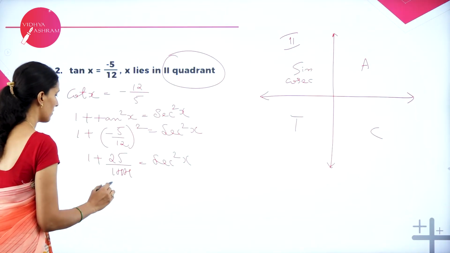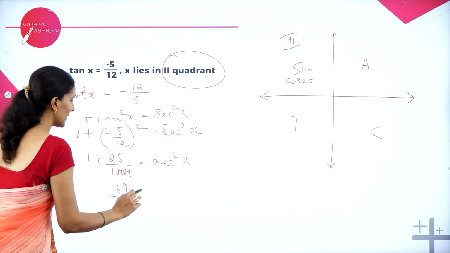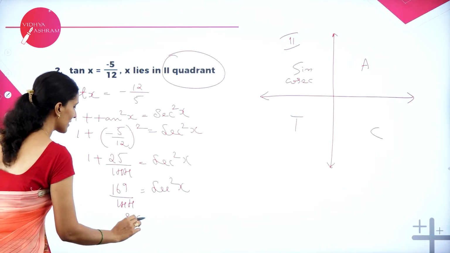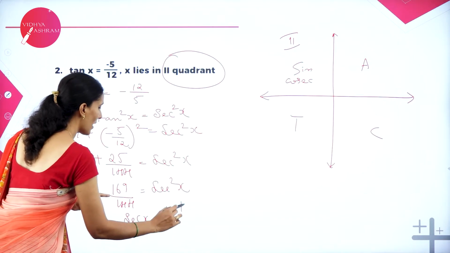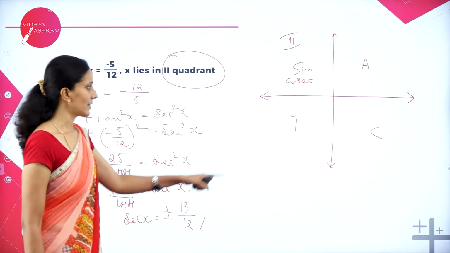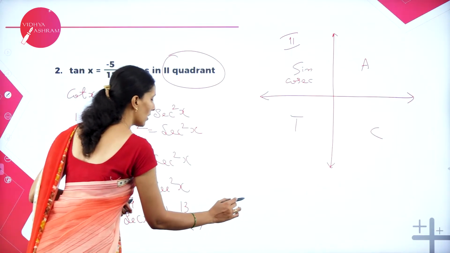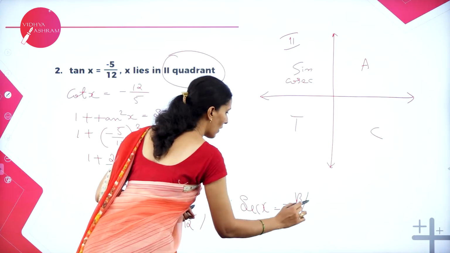So which is 169/144 is equal to secant square x. Therefore secant x is the square root of this, which is nothing but plus or minus 13/12. But whether it is plus or minus, in the second quadrant secant value is negative. So therefore the value of secant x is minus 13/12.